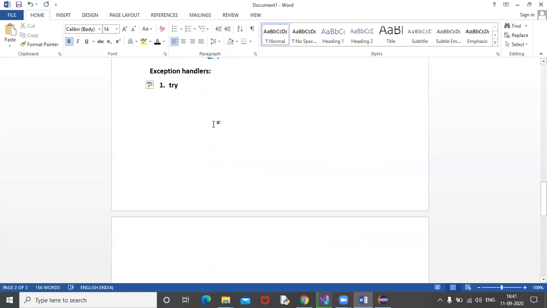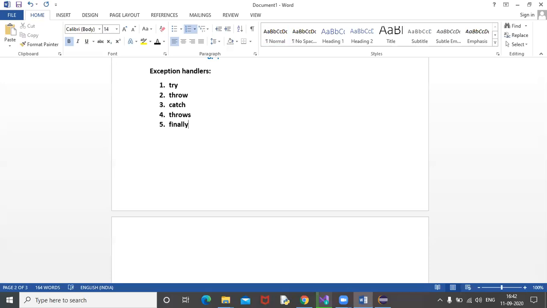Try. The second one is throw, and then comes catch, and then comes throws, and then comes finally.